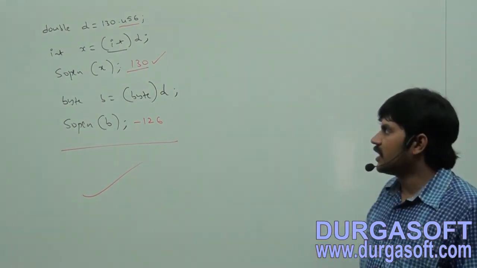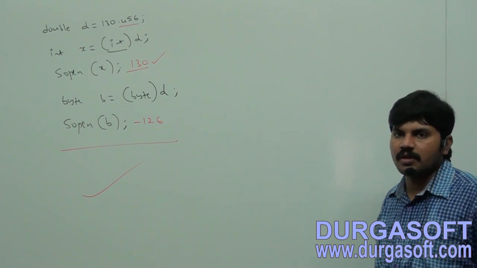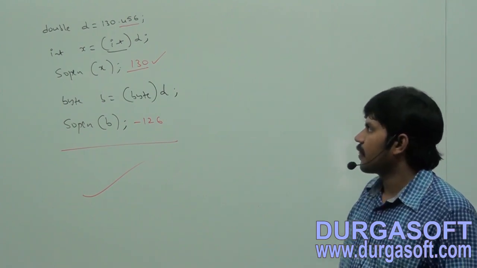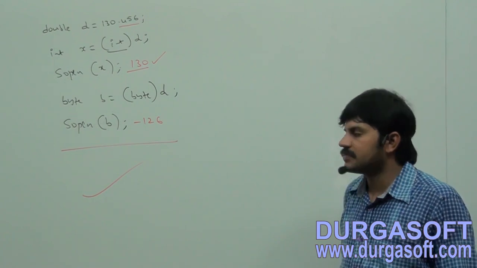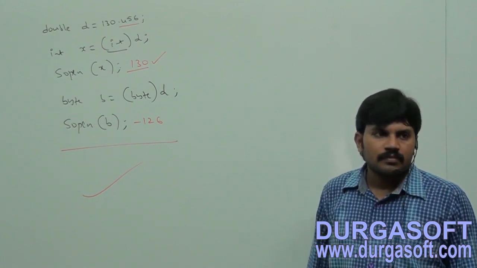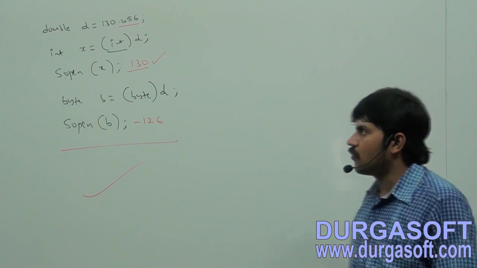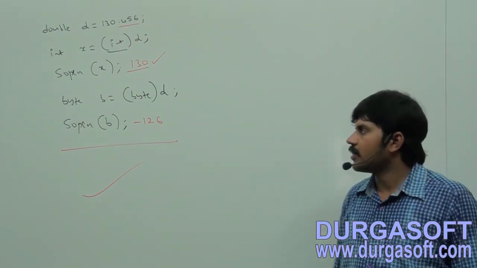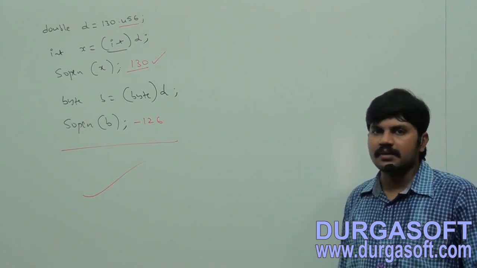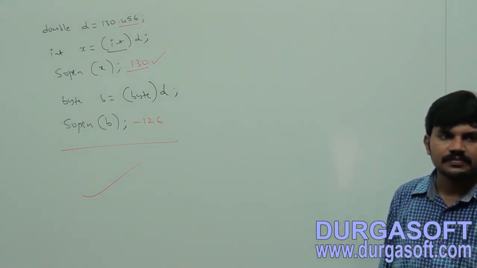Take this example. Double d is equal to 130.456. Int x is equal to int of d, SOP of x.